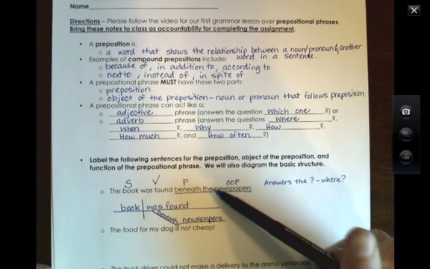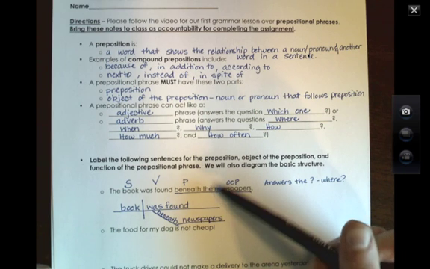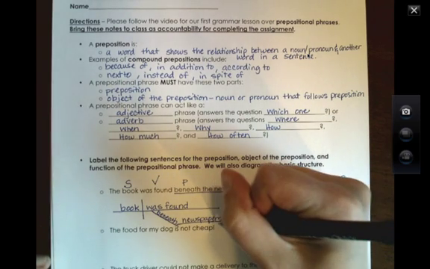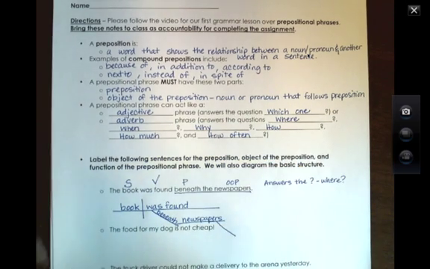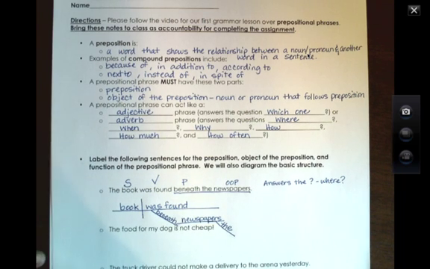Then we're just left with the article the, which acts like an adjective describing newspapers. Just like if newspapers was a direct object or a subject, we're going to draw a diagonal line under that to put the, because it's telling us which newspapers. And then all we're left with is the article the for book.